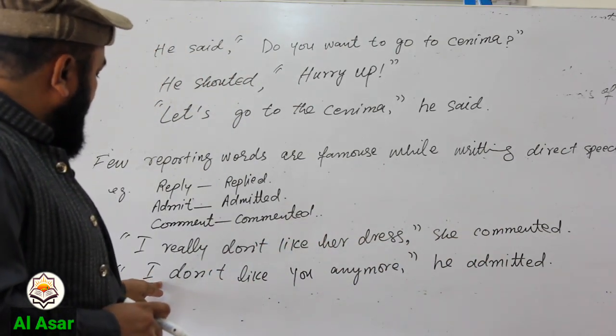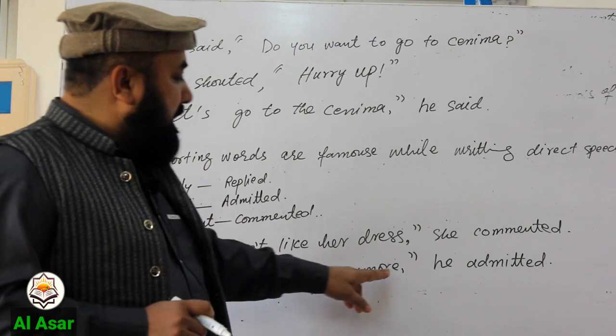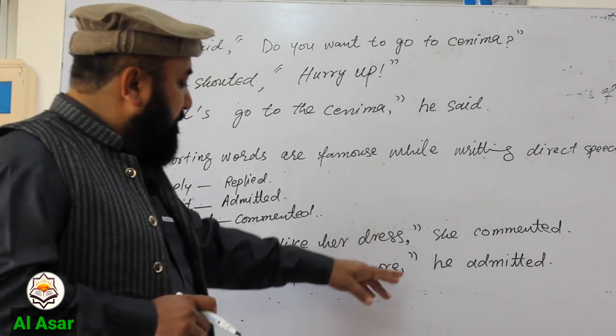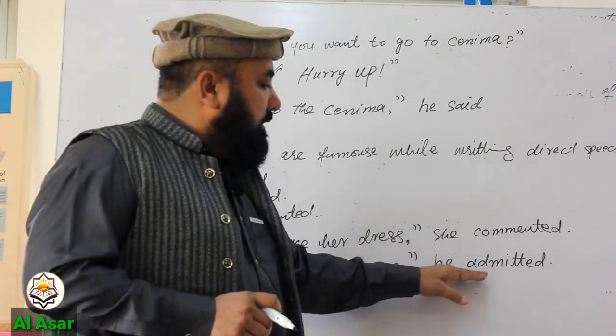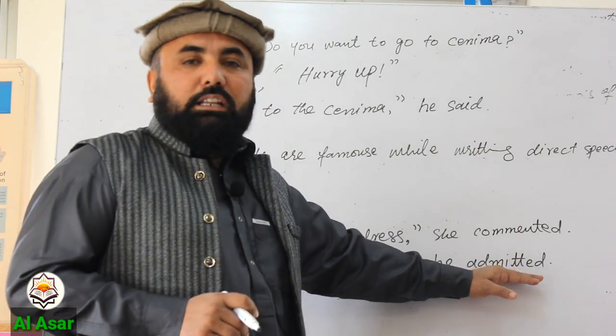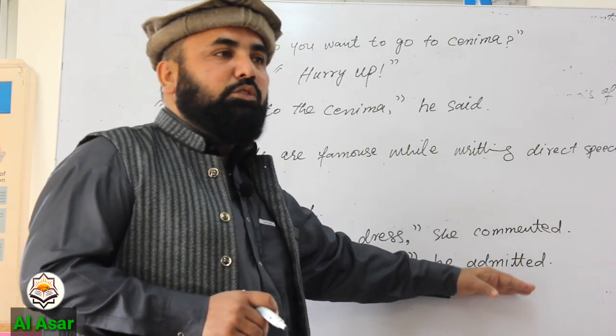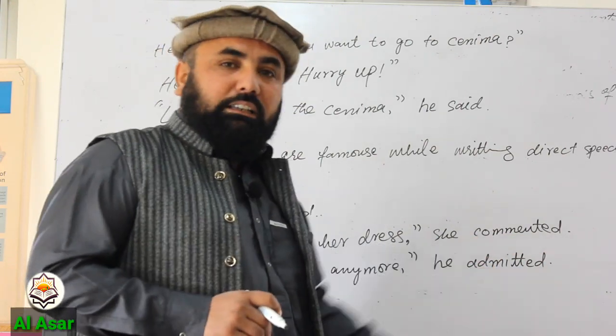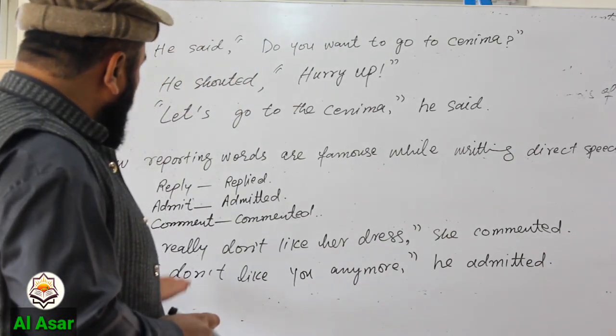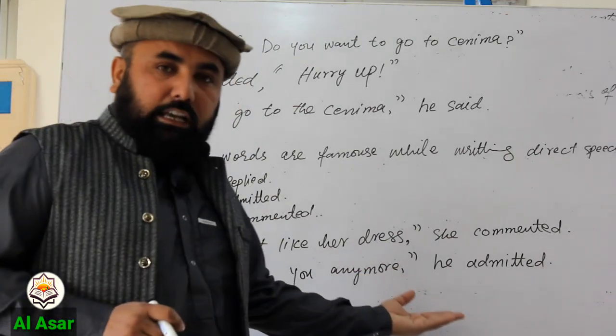Look into this one. I don't like you anymore. Here, the speaker, the person who is reporting the message, who is telling you something, is admitting that I don't like you anymore.